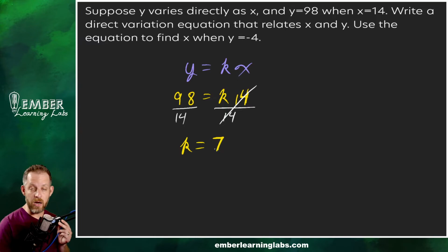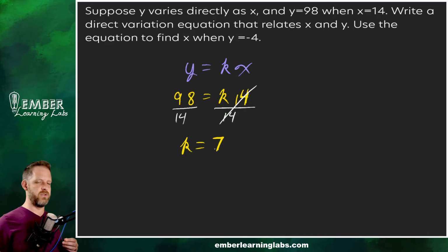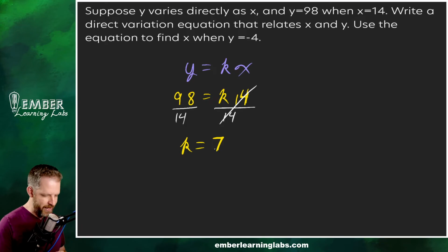I flipped that around too early. Hope that didn't freak you out. If it did, let me know in the comments or in class, and I'll make sure to do that last little flip and write it out explicitly. But I think you got it. So there's our constant of variation. Our equation then is y equals 7x.